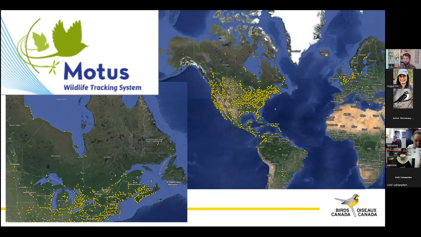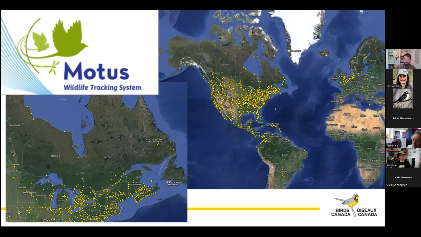And so briefly, the MODIS Wildlife Tracking System is an international collaborative research network that uses a coordinated automated radio telemetry array to track the movement and behavior of small flying animals. So it's used for bats, it can be used for monarch butterflies and kind of larger butterflies and dragonflies even.